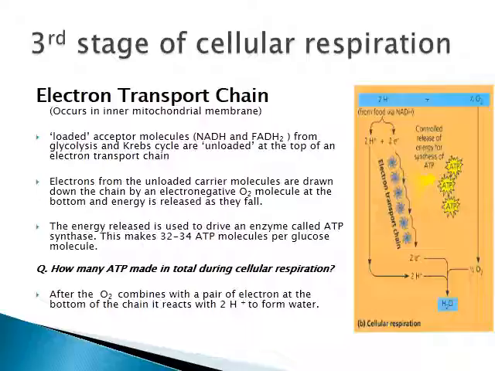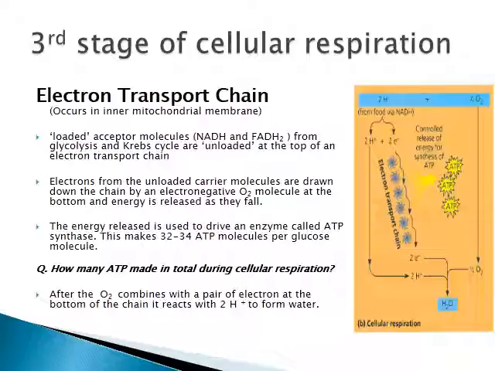So we produce 2 ATP in glycolysis, we produce 2 in the Krebs cycle, and in the electron transport chain we can produce 32 to 34 ATP. So it's almost like the other 2 stages are there just to set up for the electron transport chain to work. And here's what happens.